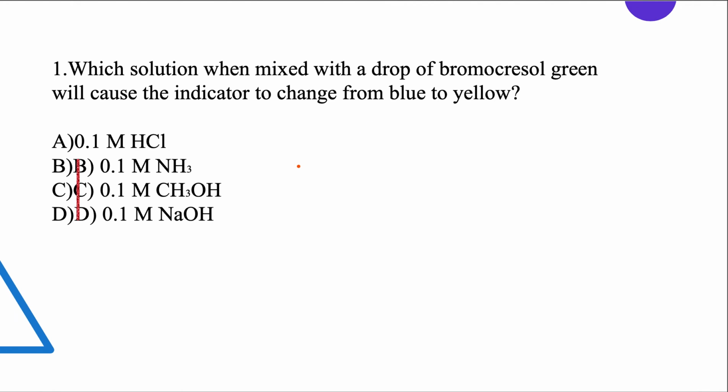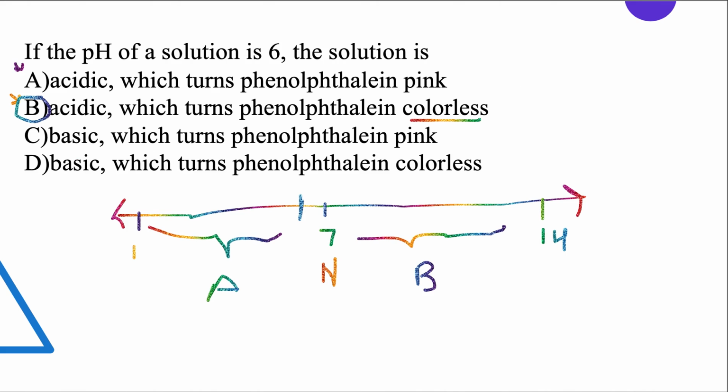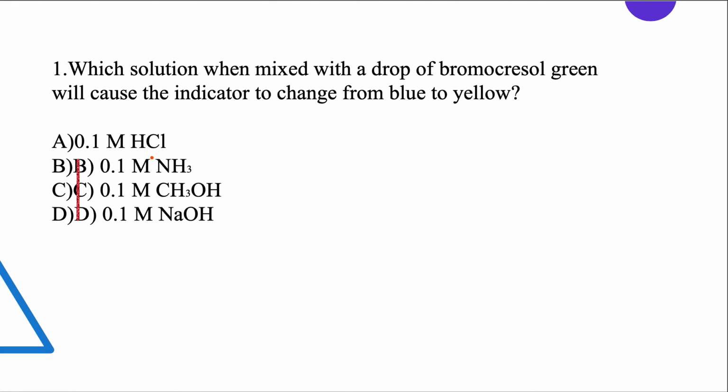So let's take a look here. For it to turn below 3.8, again, if we go back to this one, anything below 7 is an acid. And they're not giving you any values here, but instead they're just giving you different substances. And so like this is an acid, this is a salt, this is an alcohol, and this is a base.